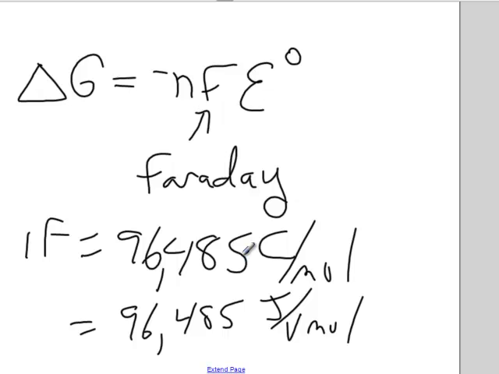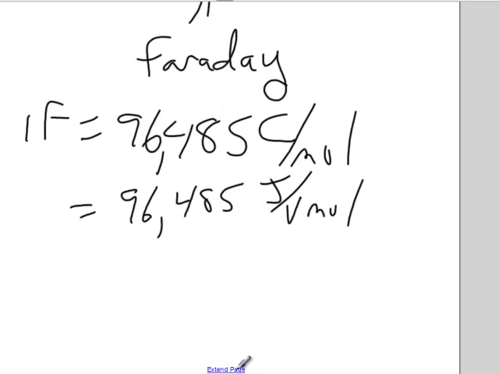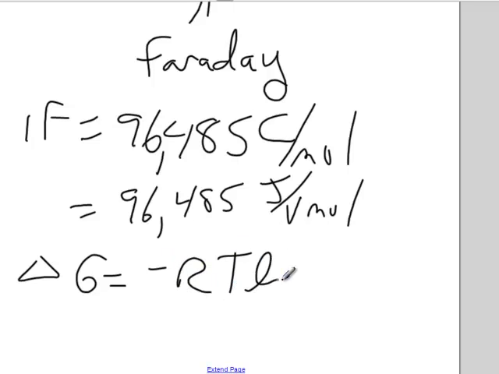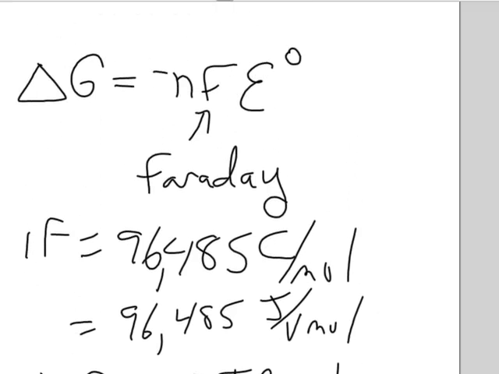Okay, so we've got this equation, delta G equals negative nFE standard. Remember that we also know that delta G equals negative RT ln K. Remember that from the last chapter. What that means is that if we know the E cell, we can find the free energy.